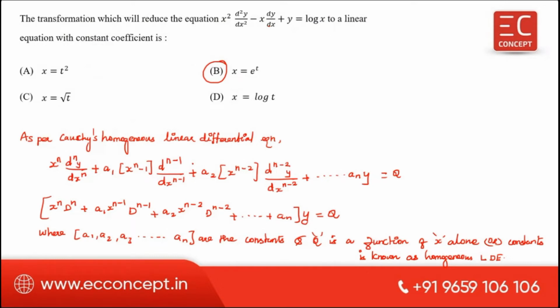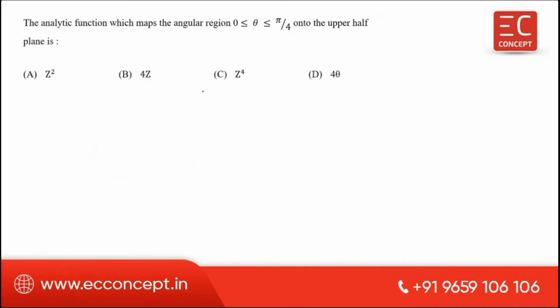Okay, so next question. The analytic function which maps the angular region, this is somewhat a factual thing, 0 less than or equal to theta less than or equal to pi by 4, on the upper half plane.